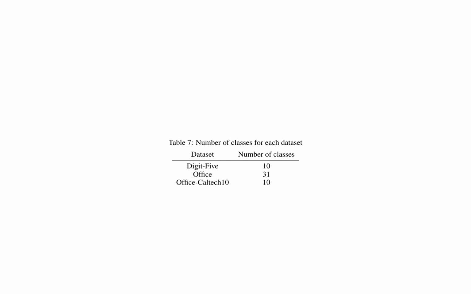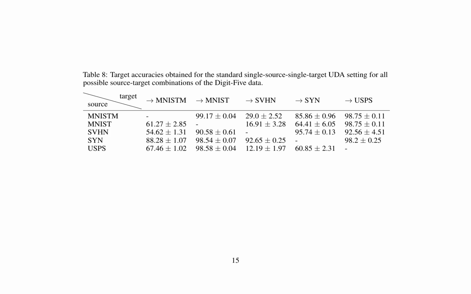The results indicate varying degrees of accuracy, ranging from 29.0 plus or minus 2.52, MNIST to MNISTM, to 99.17 plus or minus 0.04, MNISTM to MNIST. These findings are significant as they demonstrate the efficacy of the proposed method in adapting to different data distributions.